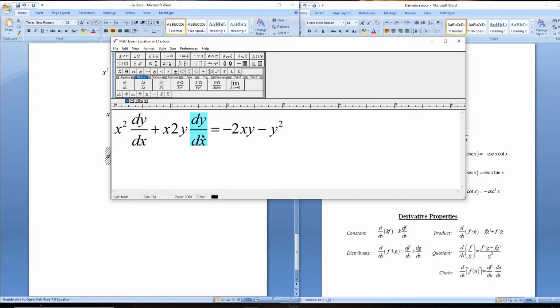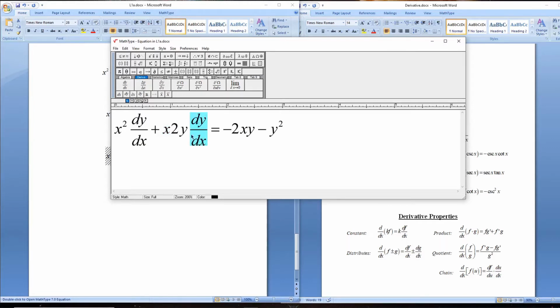And this messes with people sometimes because this is not the greatest common factor. The greatest common factor of these two terms would also include an x. But we're not interested in the greatest common factor right now. We're interested in dy/dx.